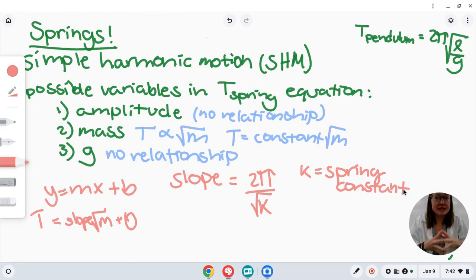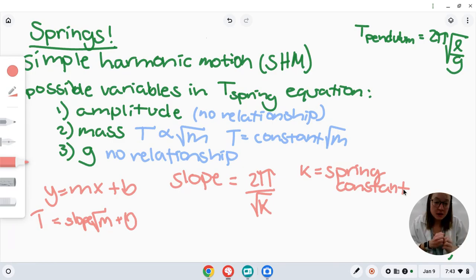If it's really easy to stretch the spring, we have a really low spring constant. If it's really hard to stretch the spring, we have a really high spring constant, because K describes the amount of force you need to stretch a spring by 1 meter. K, the spring constant, describes the amount of force you need to stretch a specific spring by a distance of 1 meter.